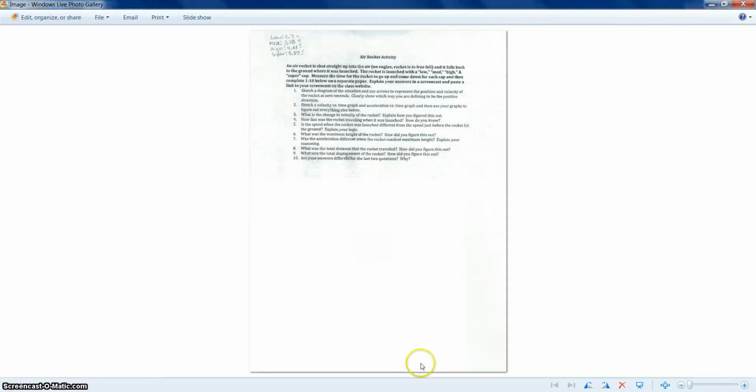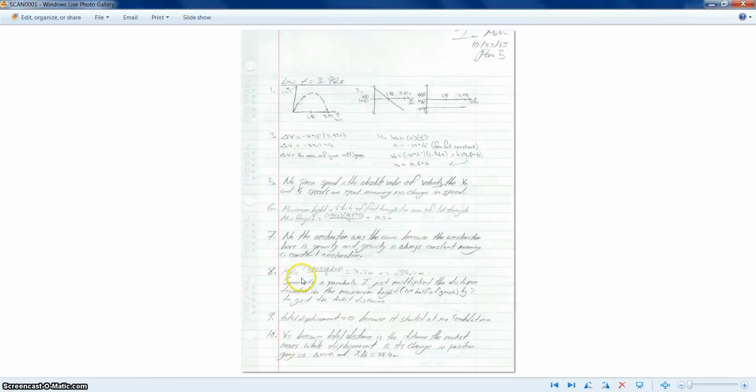Question 3 went on to ask what was the change in velocity of the rocket. We got the change in velocity of the rocket by multiplying our acceleration by our total time.